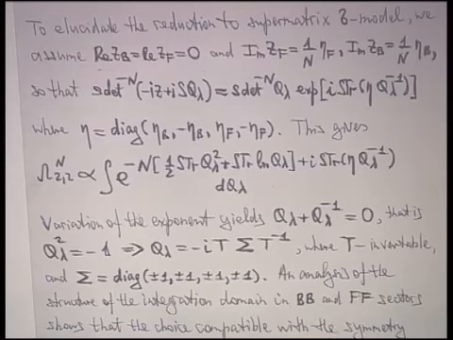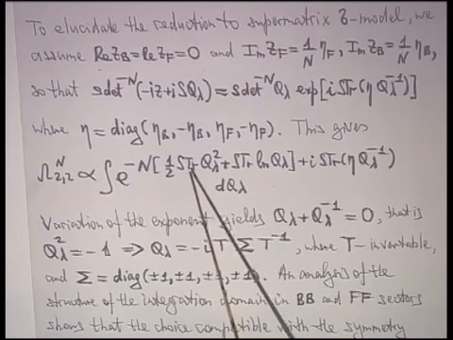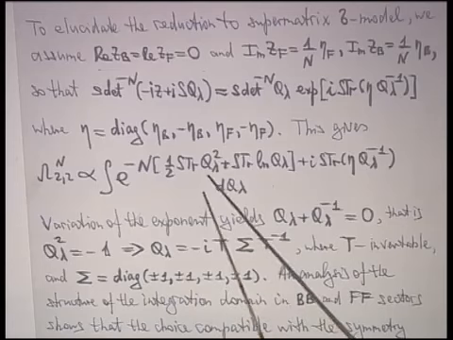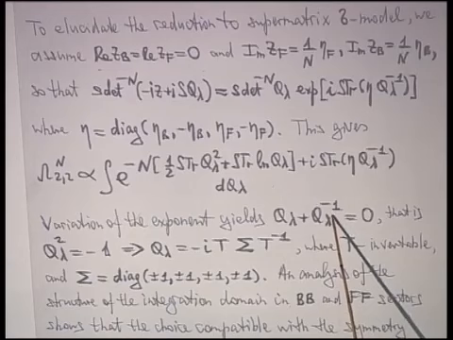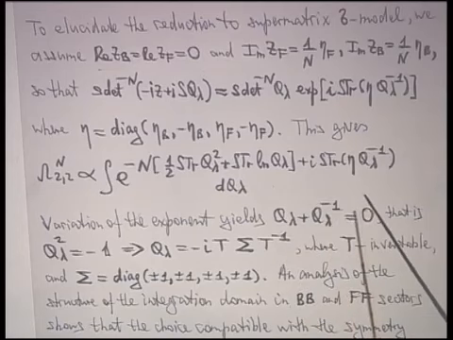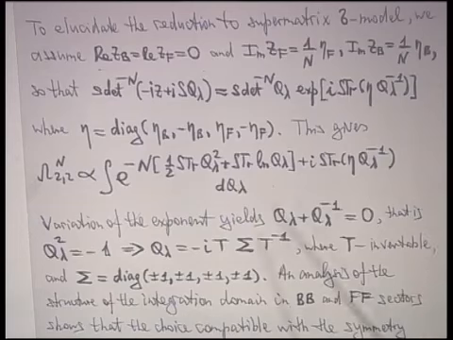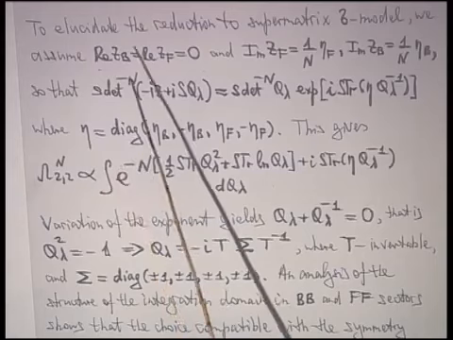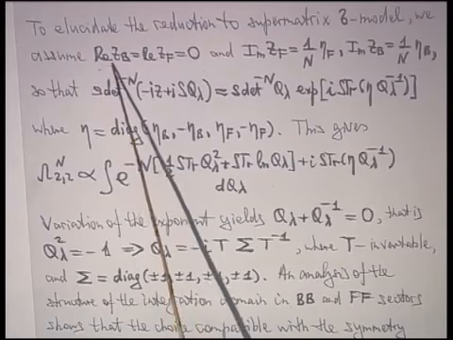In different terms, it won't modify our search and exploitation of saddle points. So we need to find stationary points of this expression. Its trivial variation gives that the matrix Q at the saddle point should satisfy just Q plus the inverse of Q equal to 0, which means that Q squared equals minus 1.